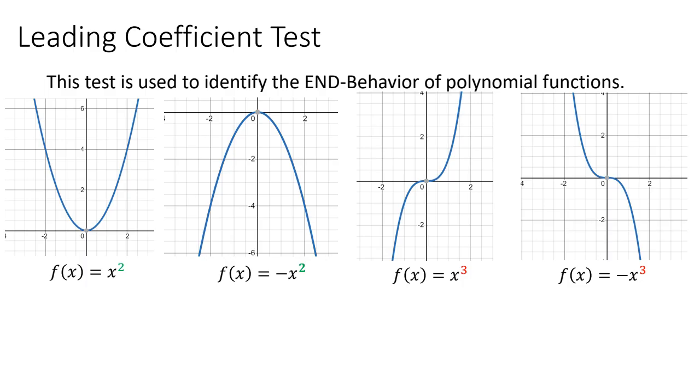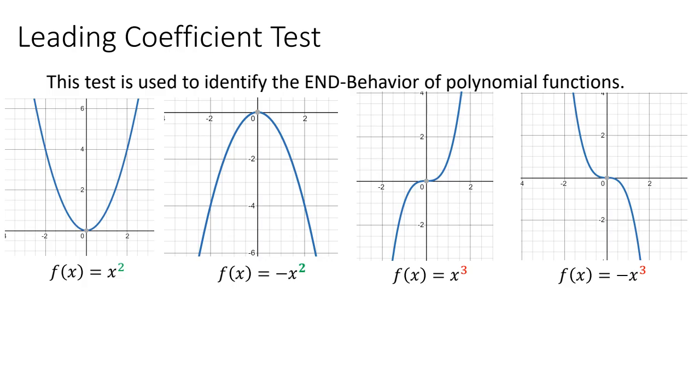Now, if that exponent is an even number, then the polynomial is an even function or an even polynomial. If that highest exponent, the degree of the polynomial, is an odd number, then my polynomial or function is an odd function or odd polynomial.